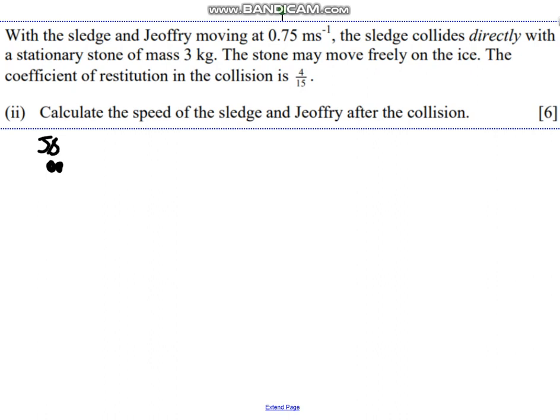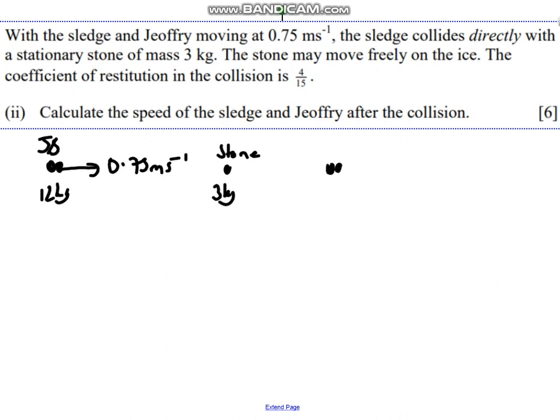So here we go. So here's JS, Jeoffry and the sledge, and they are 12 kilos now, and they are moving at 0.75 meters per second, and they're going to hit the stone. I just have to call it stone because we already used S for sledge, and that stone weighs 3 kilos. And what's going to happen afterwards?